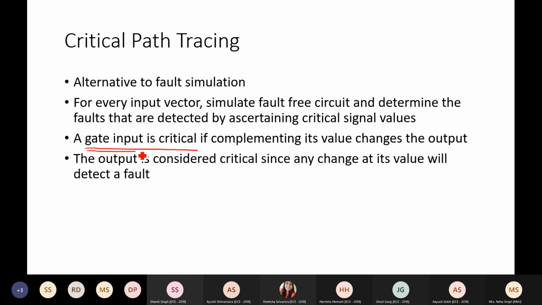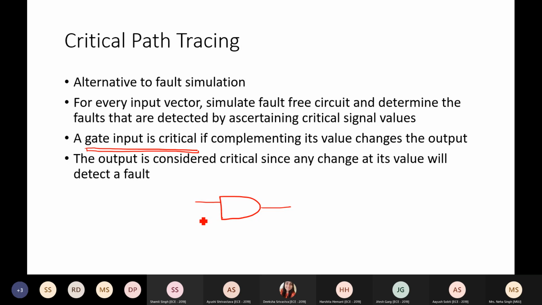Critical means important. If any change happens on that, that will result into some change in the output. So we are trying to identify which of the gate inputs are critical. An input will be said to be critical if any change on it will bring about a change in output.